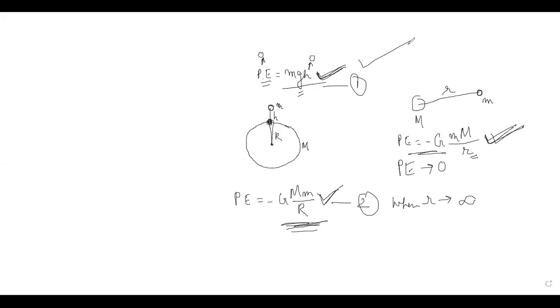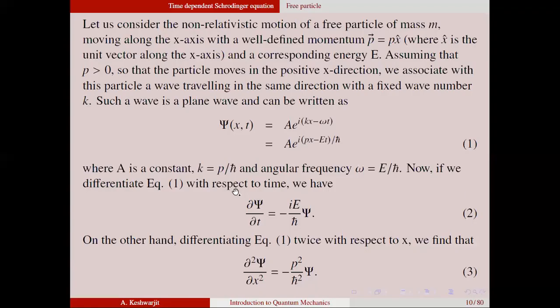So let us come back to the free particle. So here we are back. The free particle, as I said, has a constant value of potential energy, and that constant value of potential energy is easily taken to be zero for ease in calculation.